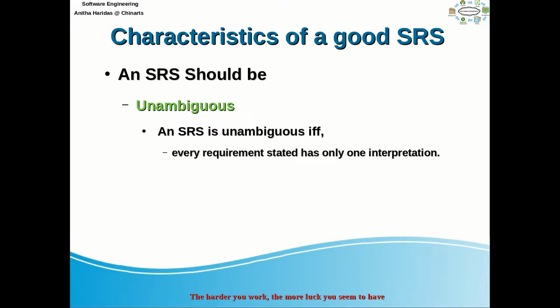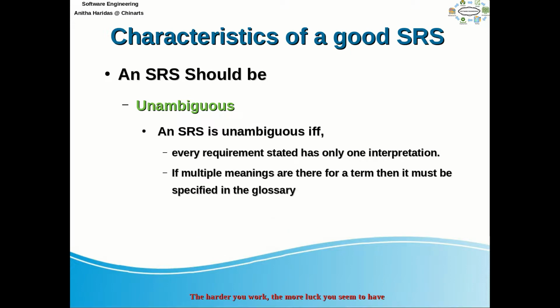So I give it to user 1, user 2, user 3. All three come out with the same interpretation. Then I can say it has only one interpretation. Suppose your SRS has multiple meanings for a particular term, then all these meanings must be specified in the glossary. Then I can say it is unambiguous.